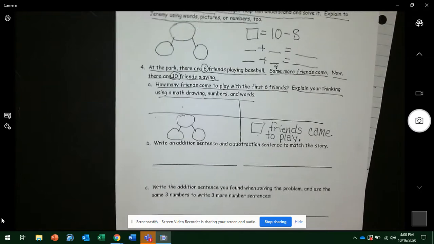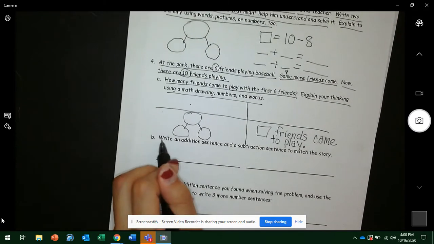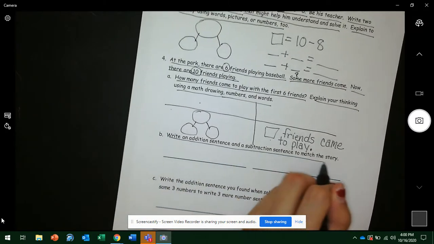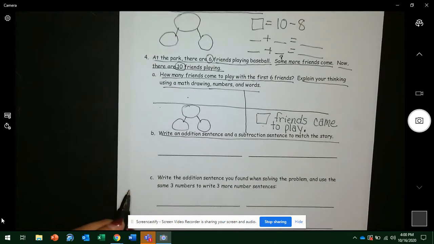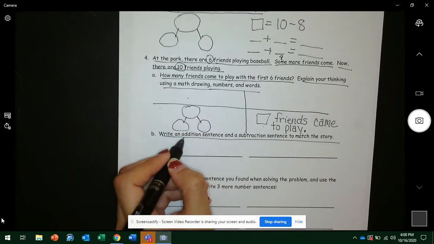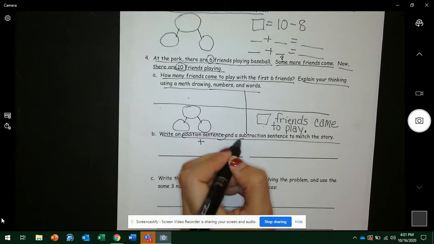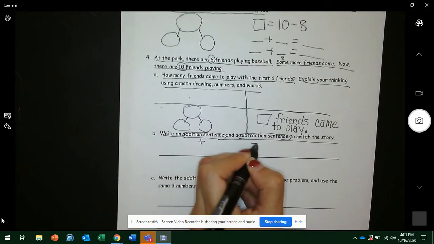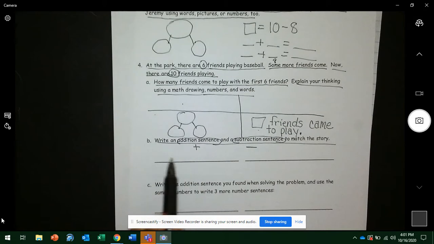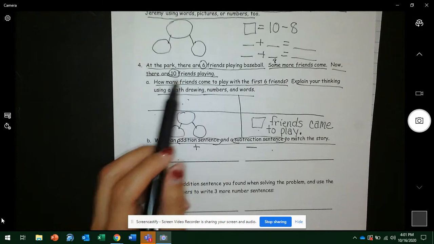Awesome. Part B says write an addition sentence and a subtraction sentence to match the story. So what do you have to do? You have to write an addition sentence, which is a plus, and you have to write a subtraction sentence, which is a minus, that match this story. And guess what?